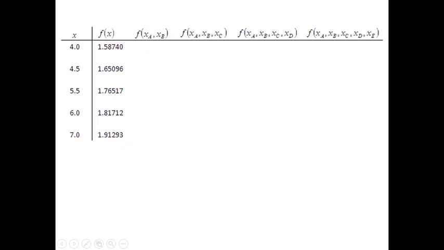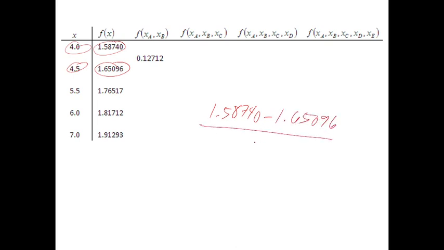So considering that, applying the formula, this minus this all over 4 minus 4.5, 1.58740 minus 1.65096 all over 4 minus 4.5, we get this one.